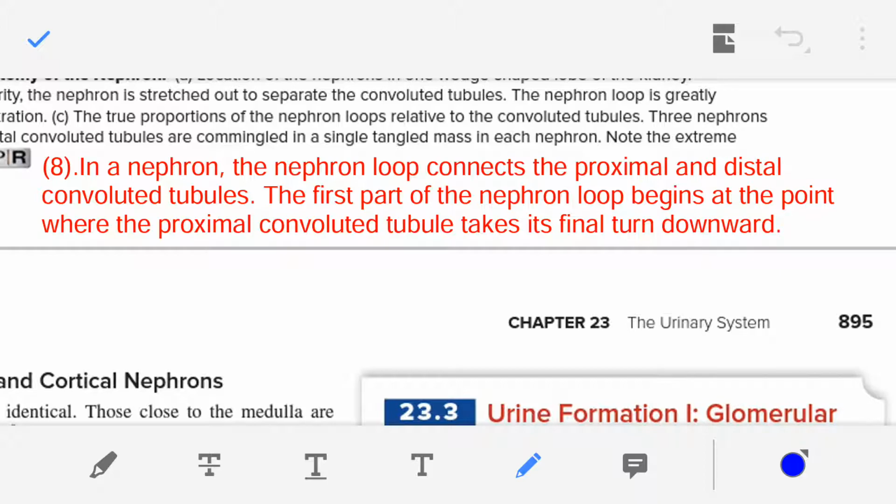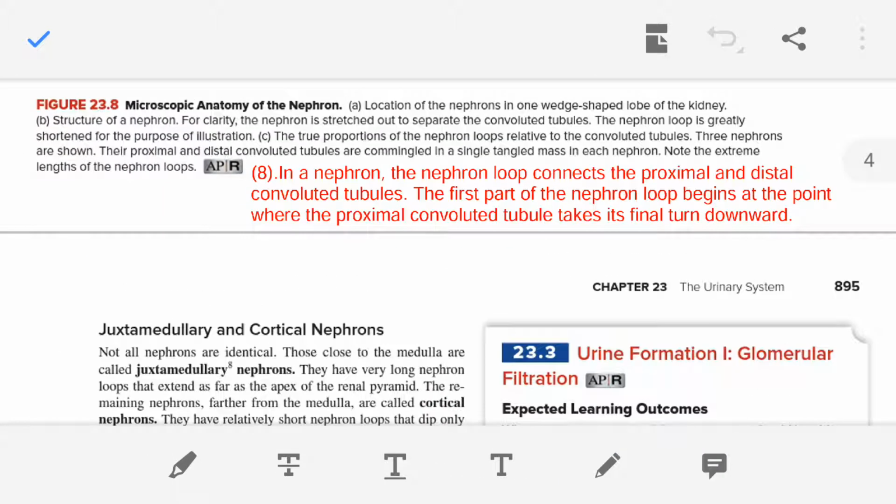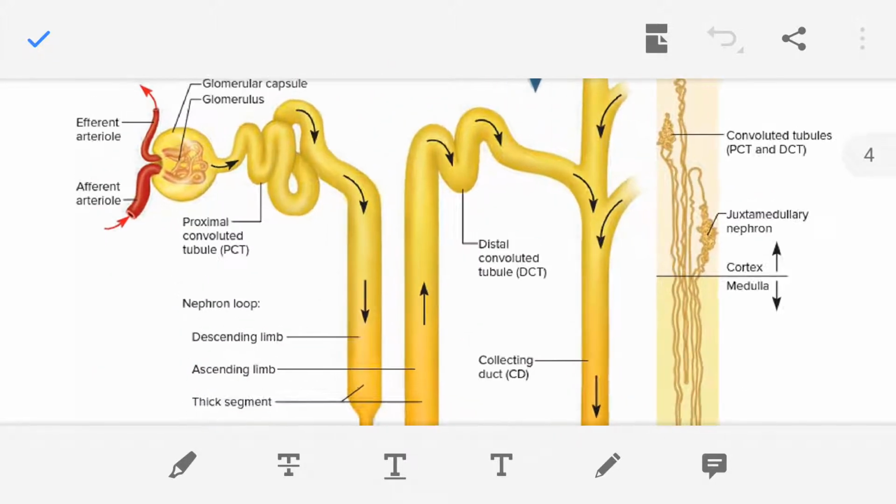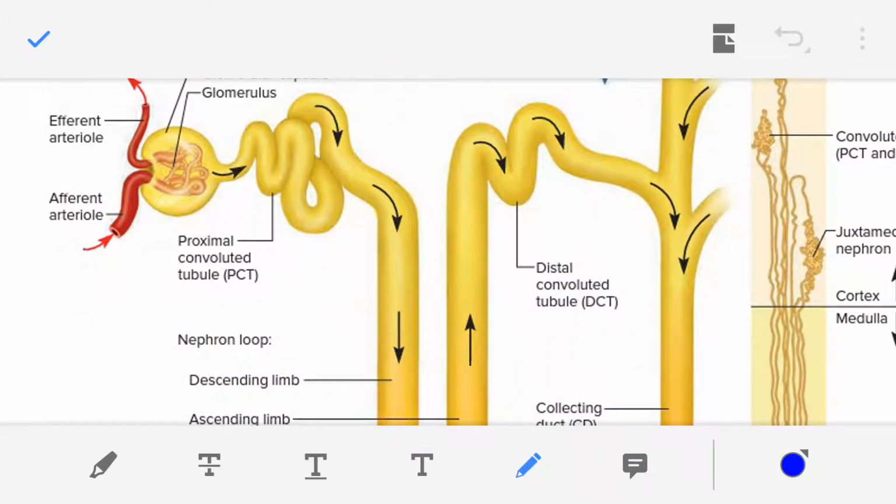Now, the first part of the nephron loop begins at the point where the proximal convoluted tubule takes its final turn downward. For example, here this one is the PCT they are showing, and this is the final turn downward of PCT.